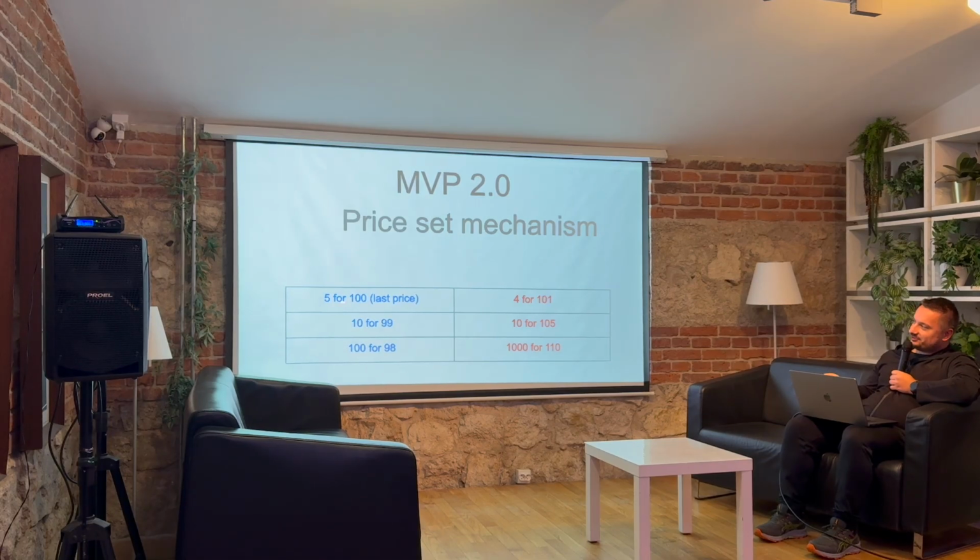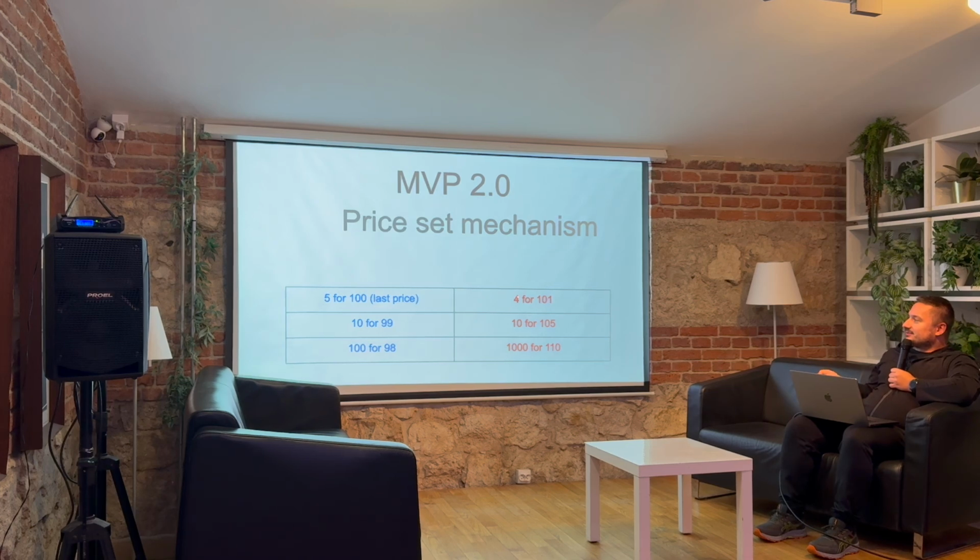Okay, the last price is 100, so I'm assuming that I will buy something for 100, and that will be a successful execution. But wait a minute, because we have sellers on the right side.